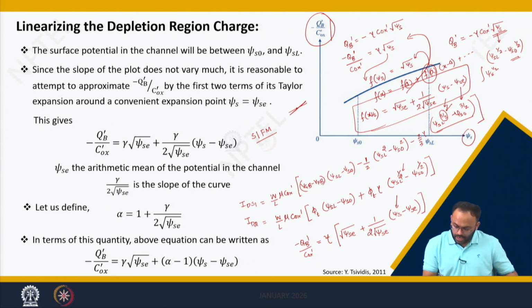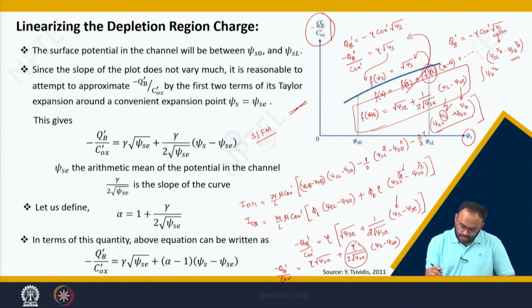Let us go further and simplify our equation. So, we can rewrite this equation as minus QB dash by Cox dash is equals to gamma square root of psi SE plus gamma divided by 2 times of square root of psi SE into psi S minus psi SE.